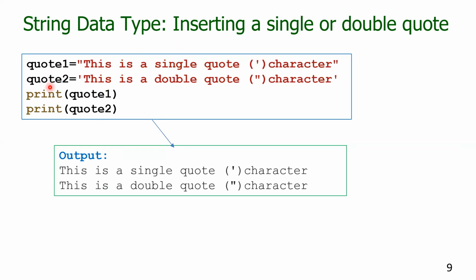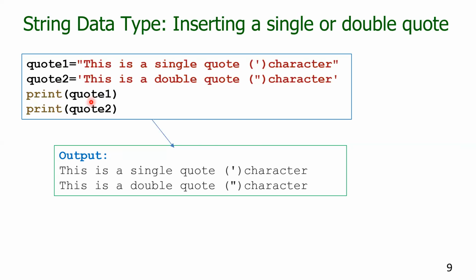Similarly, another variable quote2 is assigned with another string, wherein we are interested to insert the double quote. And that can be done by enclosing the entire string either by using the single quote or by using the triple quote. Whereas if you try to use the double quote on either end of the string, it will give an error.